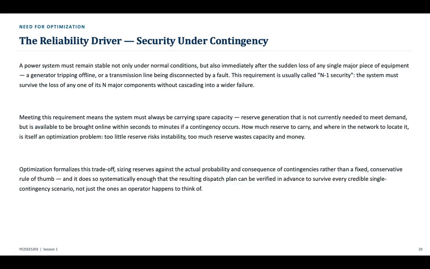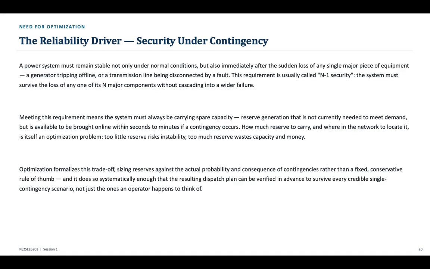Meeting this requirement means the system must always be carrying spare capacity, reserve generation that is not currently needed to meet demand but is available to be brought online within seconds to minutes if a contingency occurs. How much reserve to carry and where in the network to locate it is itself an optimization problem. Too little reserve risks instability, too much reserve wastes capacity and money.